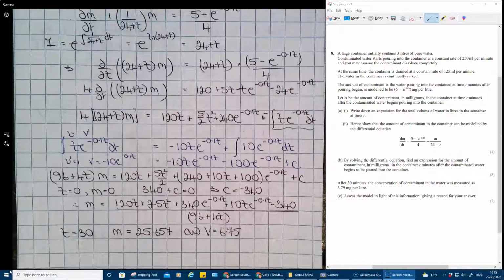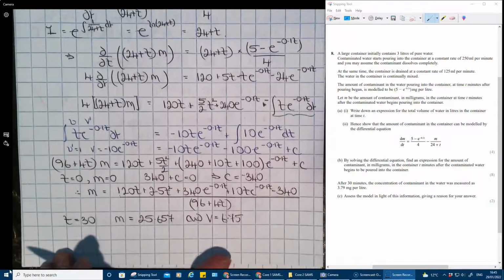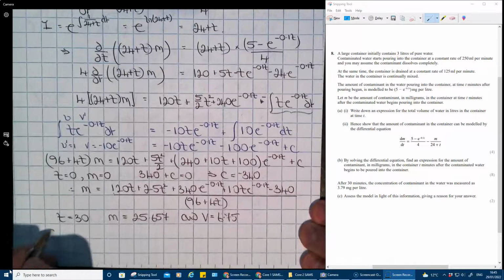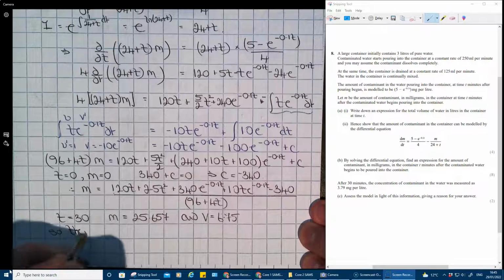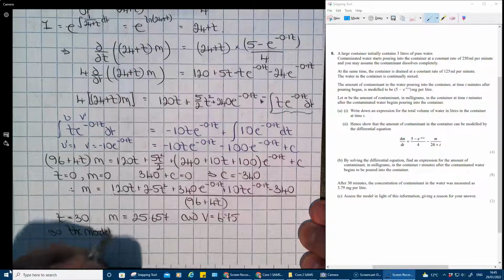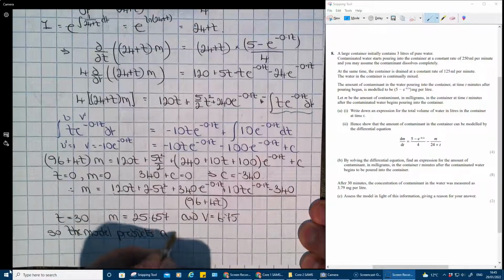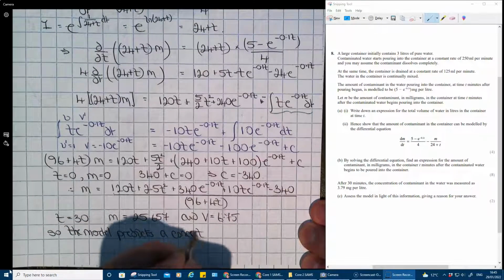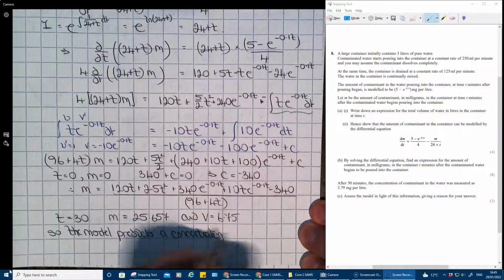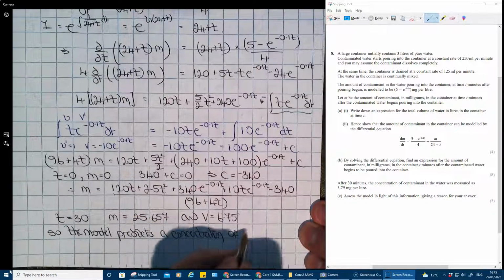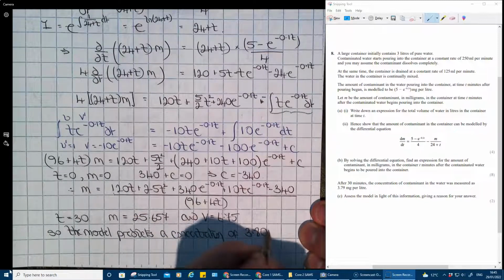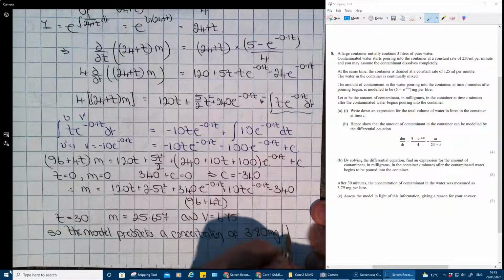Okay, so the model predicts a concentration of 3.80 milligrams per litre.